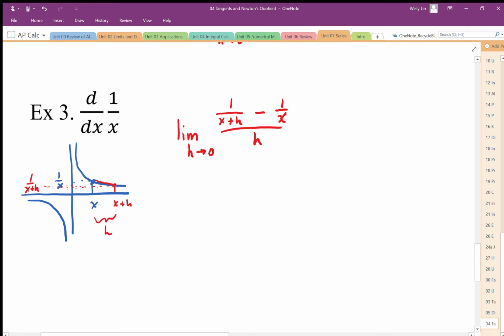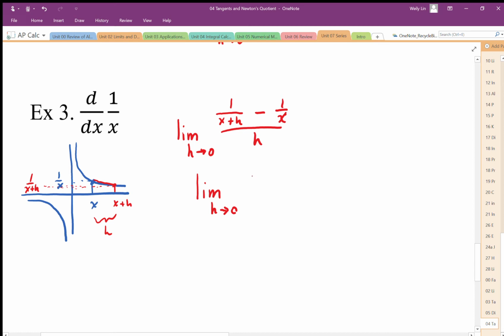Okay, so I need to cancel this out. If I put in 0, I get 1 over x minus 1 over x, which is 0 over 0. I need to do some algebraic work on this. As h goes to 0, I need a ratio to work with, so I'm going to make a common denominator.